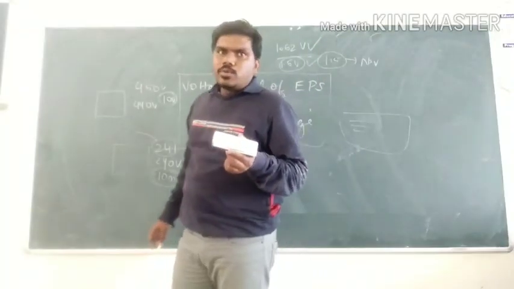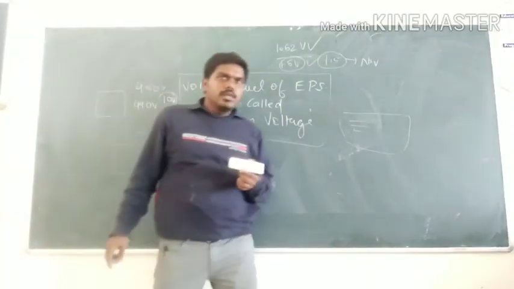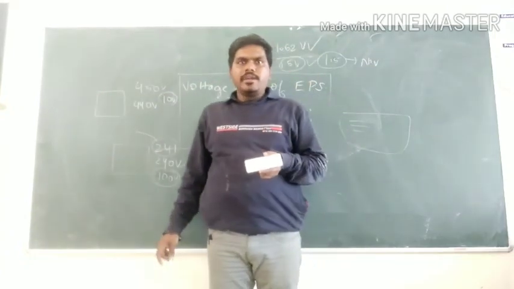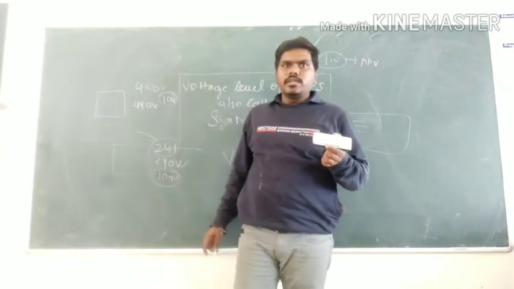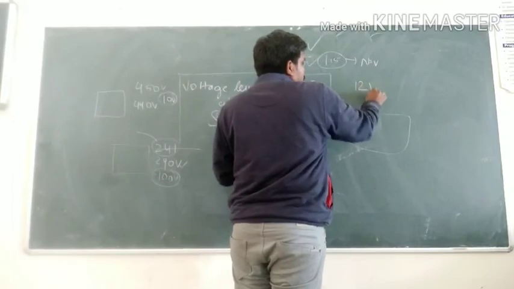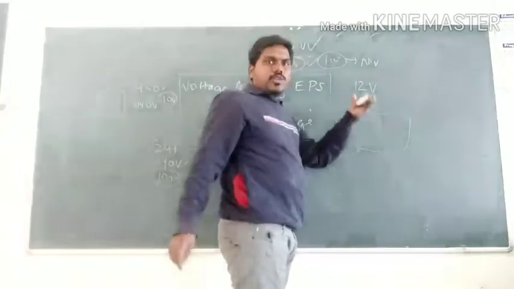Another example, let's suppose there is a DC source of 12 volt. It denotes a 12 volt battery, regardless of whether it is fully charged. If it is a 12 volt battery, what is the nominal voltage?